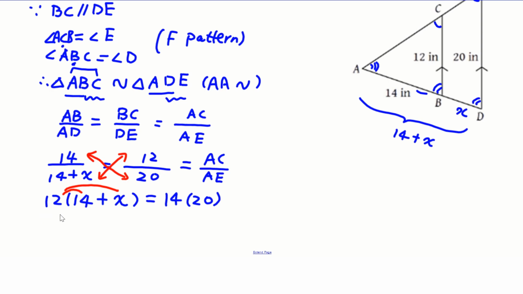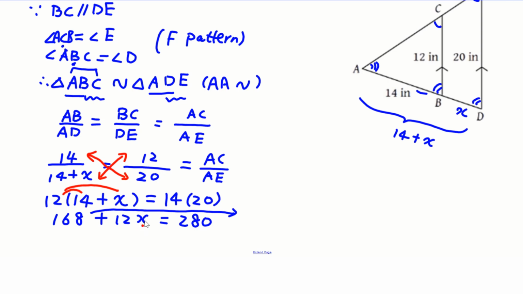So 12 times 14 gives you 168, then plus 12x equals 280.